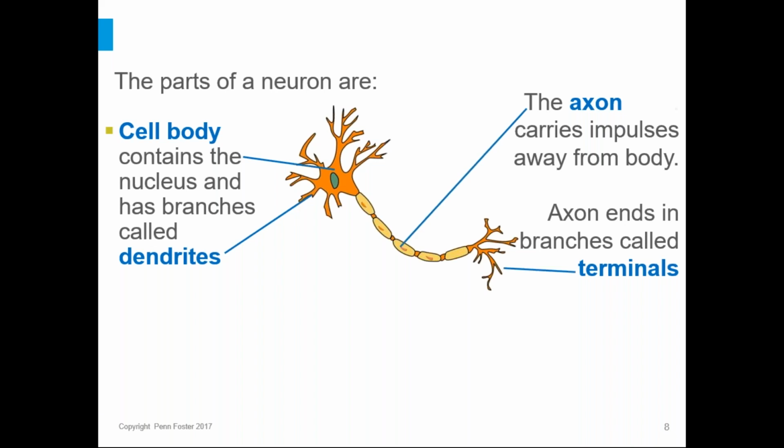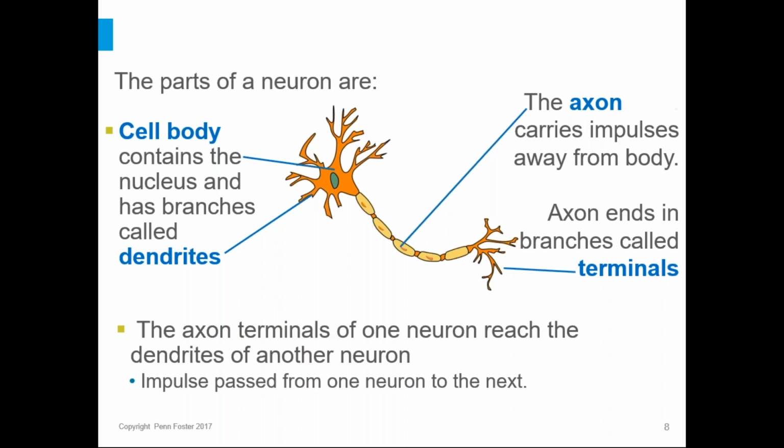The axon terminals of one neuron reach the dendrites of another neuron so that the impulse can be passed from one neuron to the other. And we're going to talk about how that works in a few slides.